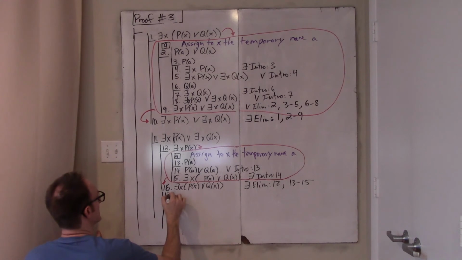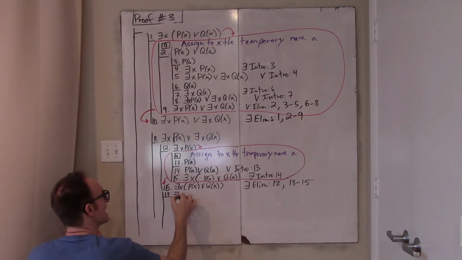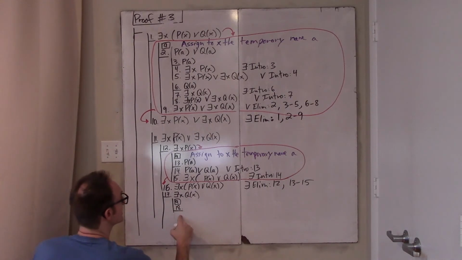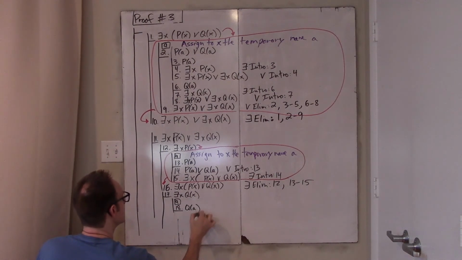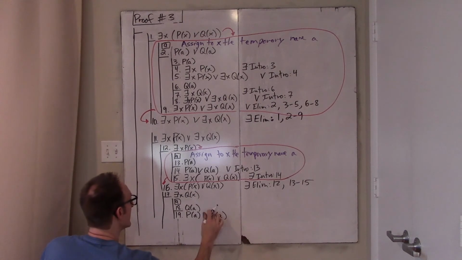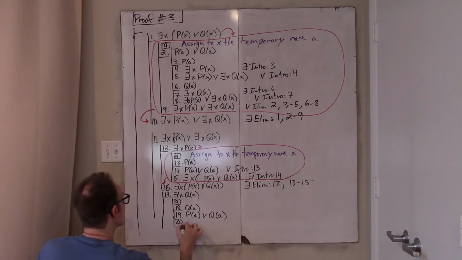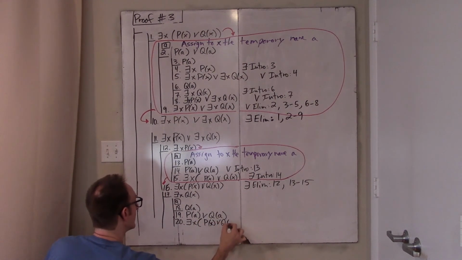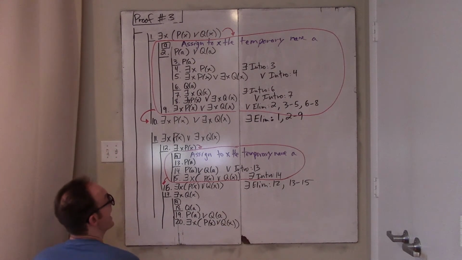So I'm just going to write really small now. So now I say there exists an x, Q of x. I temporarily give it the name. You can use new letters, or you can just keep using the same letters because they're temporary, so their use kind of expires. That's Q of A. Then I will OR on to the front P of A. Then I will generalize by saying there exists an x such that P of x or Q of x.